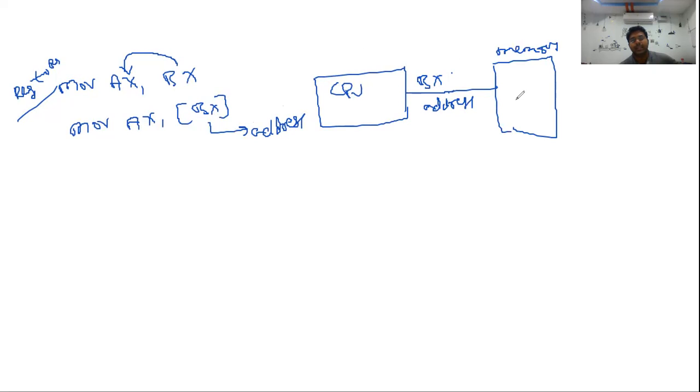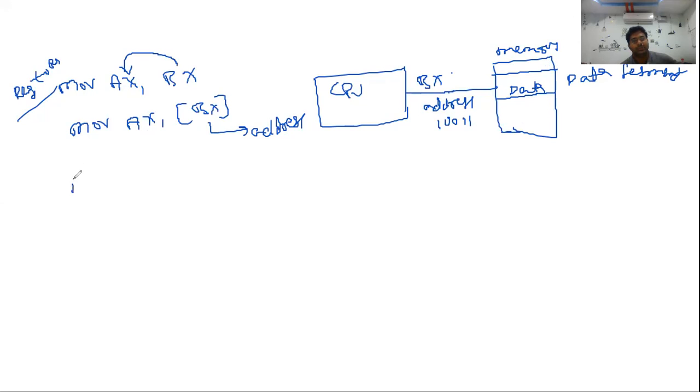By default, it identifies the data segment. Suppose that address is 0011. It has the data at that address location. Whatever data is present there is copied to this AX register indirectly, since it is connected to the memory location.